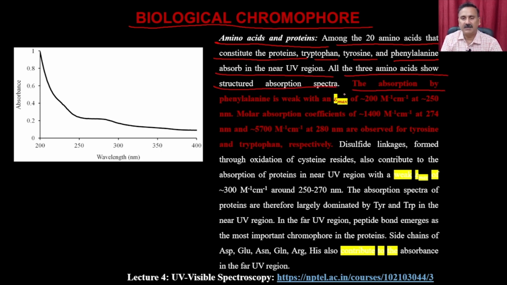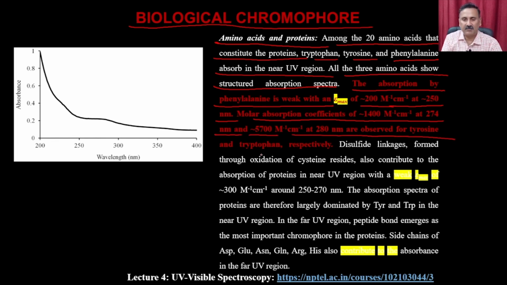The absorbance by phenylalanine is weak, with an epsilon maximum of 200 per mole per centimeter at 250 nanometer, whereas molar absorption coefficients of 1400 at 274 nanometer, and 570 at 280 nanometer are observed for tyrosine and tryptophan respectively.